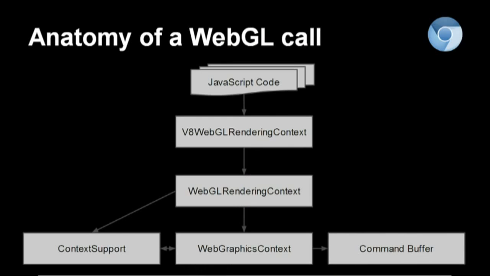Now, that web graphics context fills a command buffer, and that command buffer ends up getting picked up by the GPU process. There's obviously a lot of code, and this is more or less the 1,000-foot view, but it gives you an idea of what happens every time you make a call into WebGL.